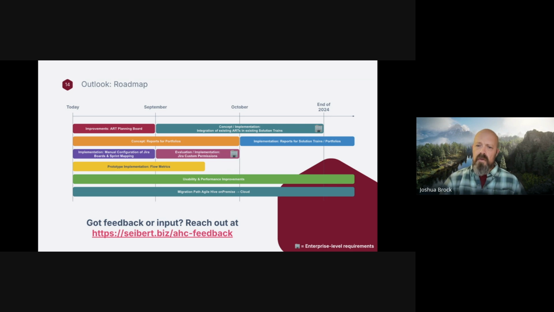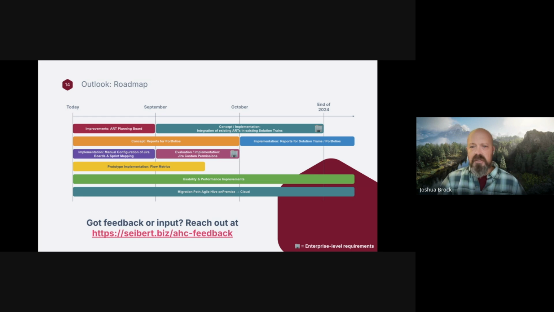So as more teams and ARTs and eventually the first solution trains are onboarded, it's often necessary to periodically adapt the SAFe hierarchy, which inside of Agile Hive we know as My Organization in the tool. So Agile Hive must ensure that these changes can be executed in a structured manner that preserves the data integrity and allows all units within the new organization structure to begin working together seamlessly in Agile Hive.